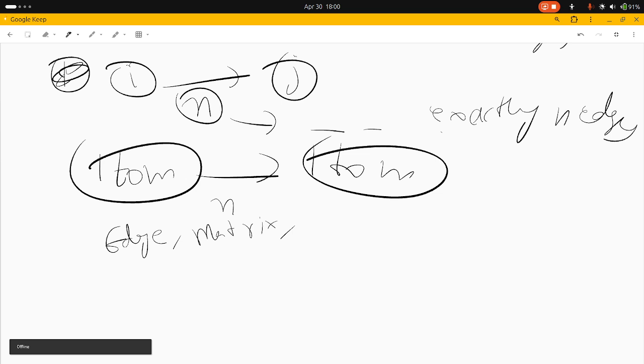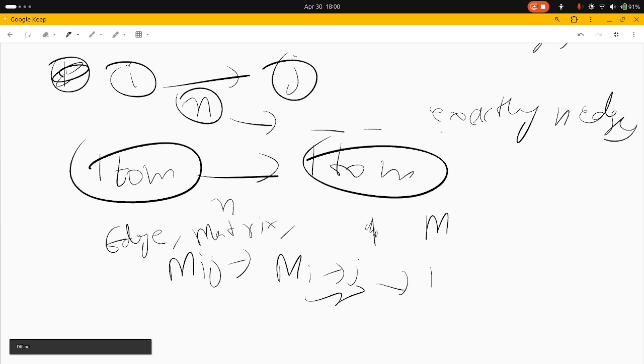So we know that for an edge matrix, let me assume m of ij means, for the basic edge matrix, the number of ways possible from I to j with only one step, one edge.